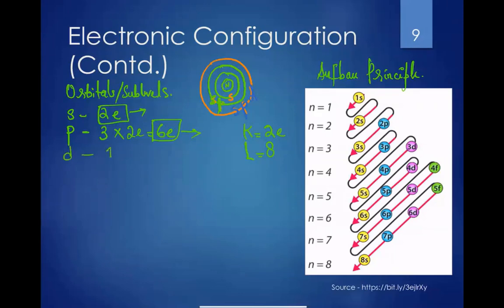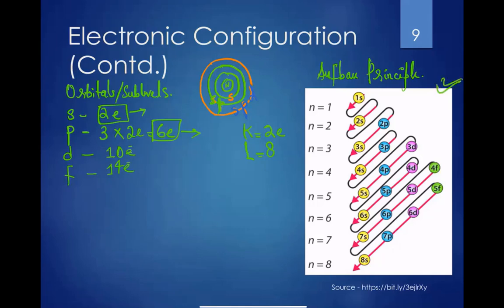D can have a maximum of 10 electrons. And then you also have F right here, which can have 14 electrons. Now, the way it follows is basically this sequence that you see over here.